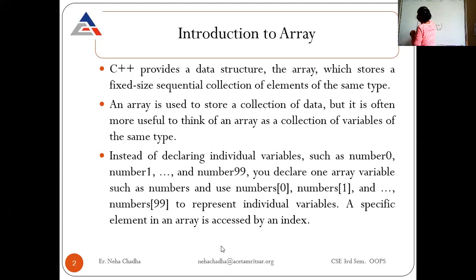The syntax to write a one-dimensional array is: firstly you write the data type, then the name of the variable, which could be anything, then the size of the array. The data type could be int, char, float.